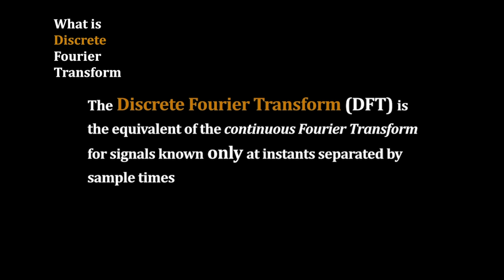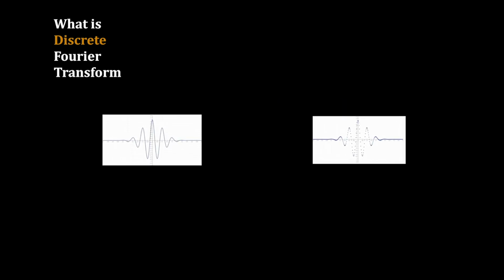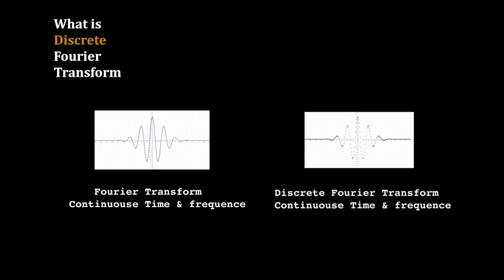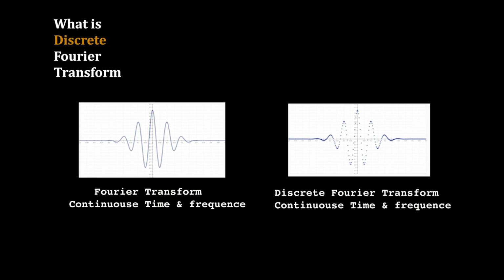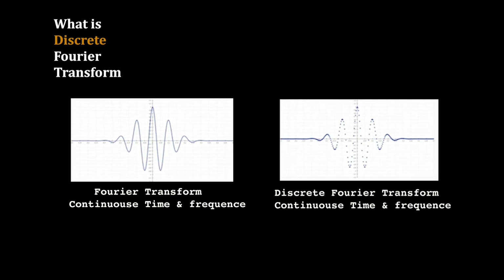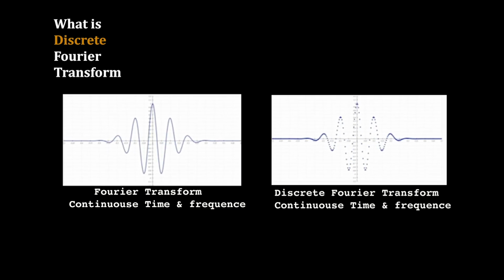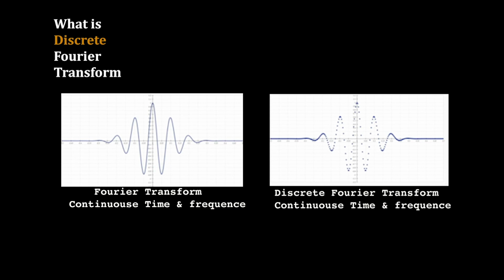But the discrete input and output values in the discrete Fourier transform make computer manipulation convenient. And when we work with the Fourier transform on the computer, it usually involves the discrete Fourier transform. So this means the discrete Fourier transform is used to perform Fourier analysis in many practical applications.